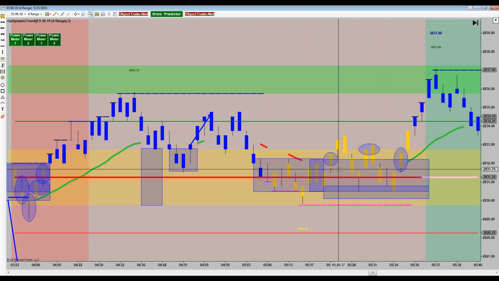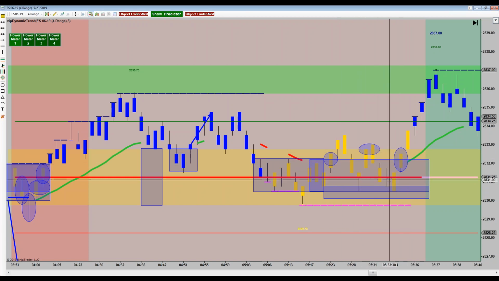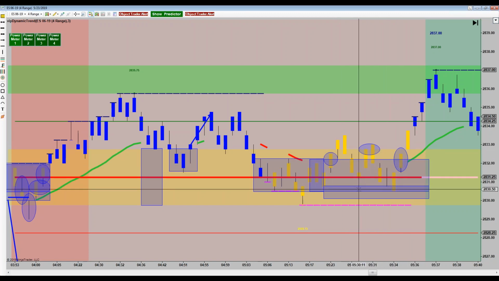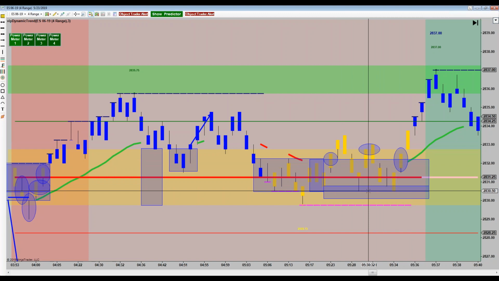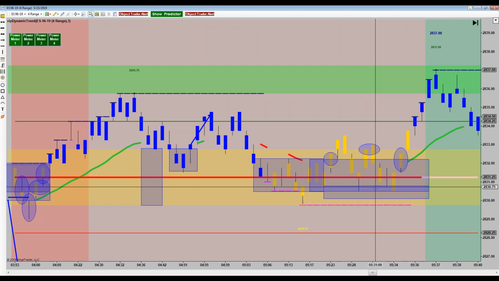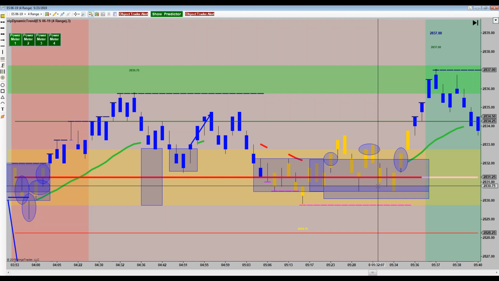And sure enough, you get filled. Whatever. And it goes back in the box, but it holds the bottom of it right here, just under the midband. Should you have hit the panic button to get out of this trade, given this condition, yes or no? What say you, team?